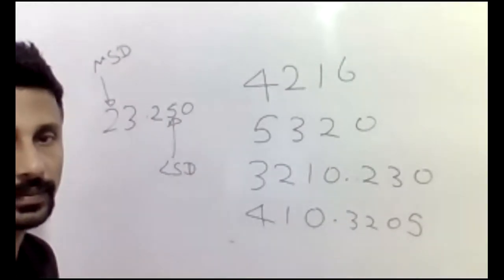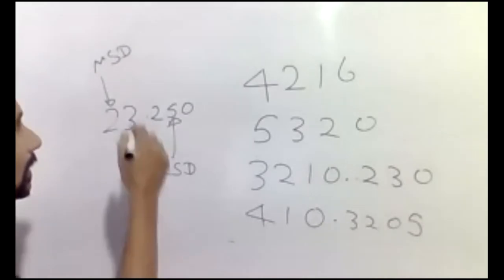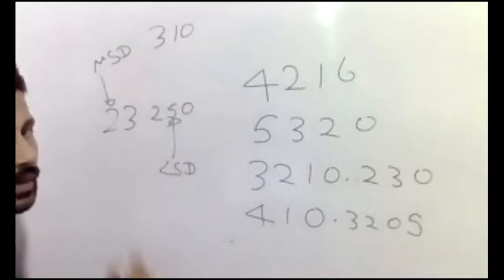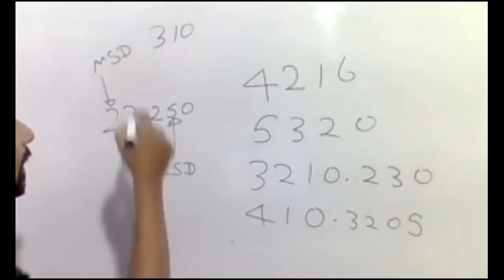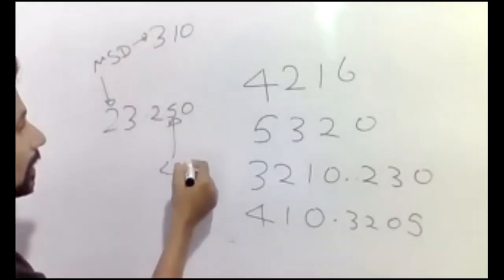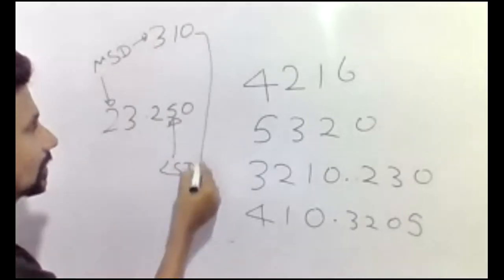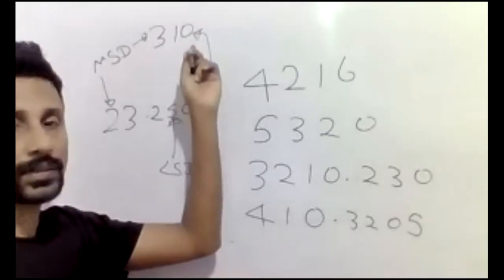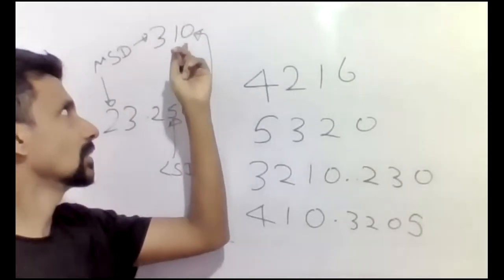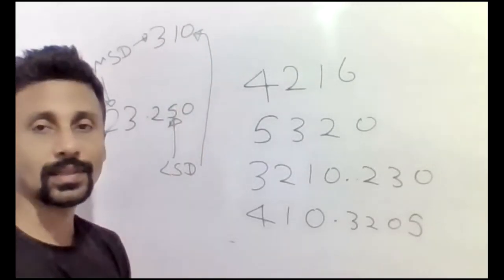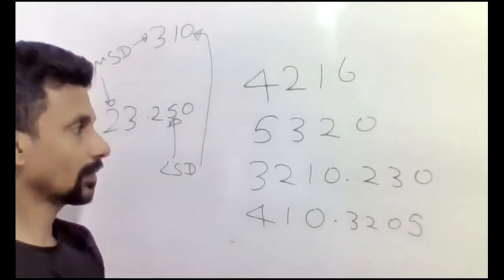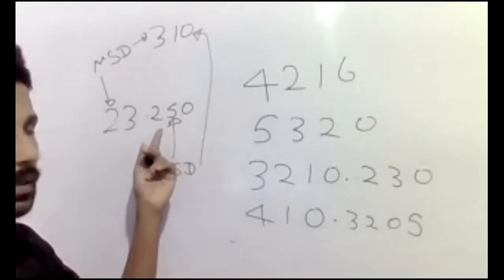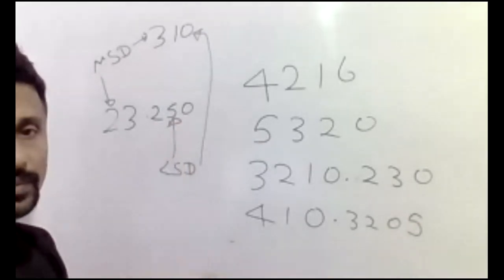But if you get a whole number like 310, there your MSD is 3, and for LSD you can take this 0 even, it doesn't matter. For a whole number you can take the last position, and that least positional value is 0. Here you can take it as LSD. But if you get a fraction or decimal part, you have to take the non-zero last value.